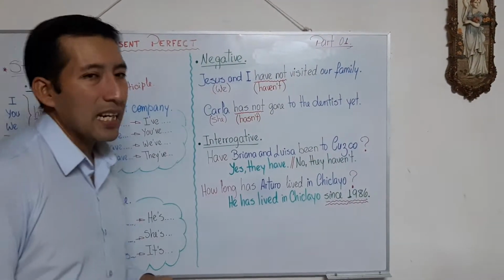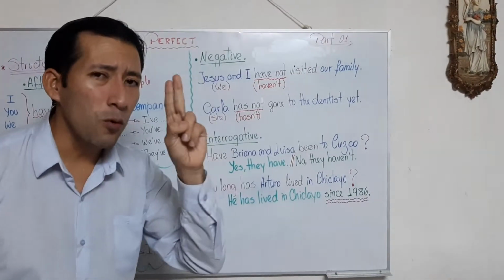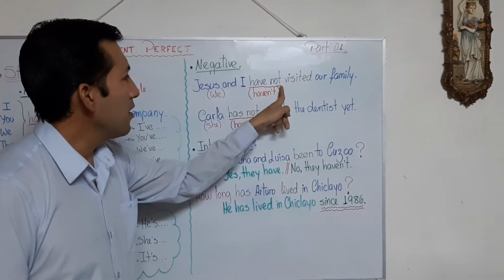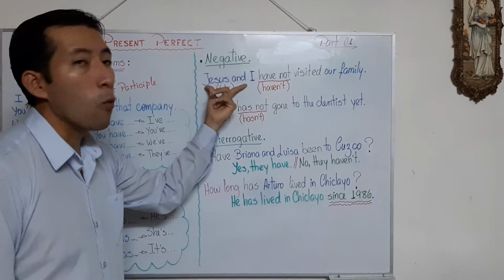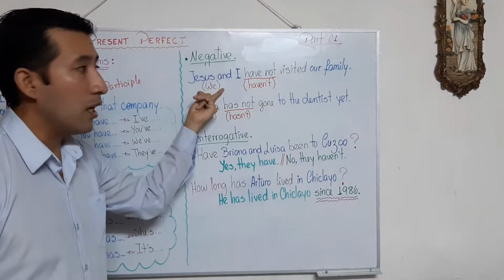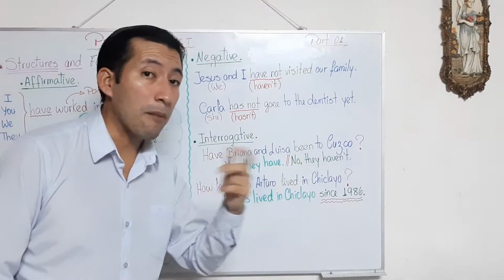Now let's pass to the next. And we have the negative. In the case of negative, we have to remember two main points. This, and obviously the use of the subject pronouns, or the subject, in fact.